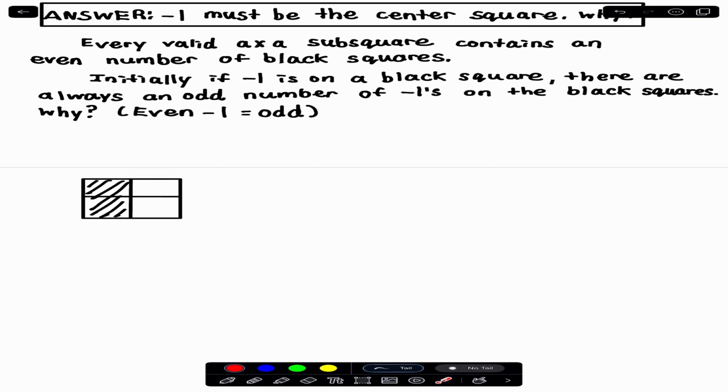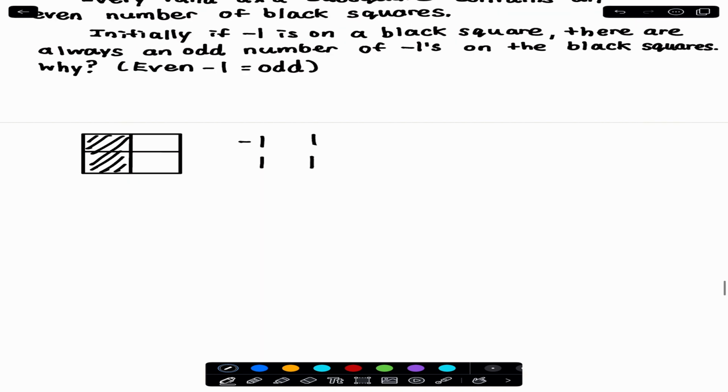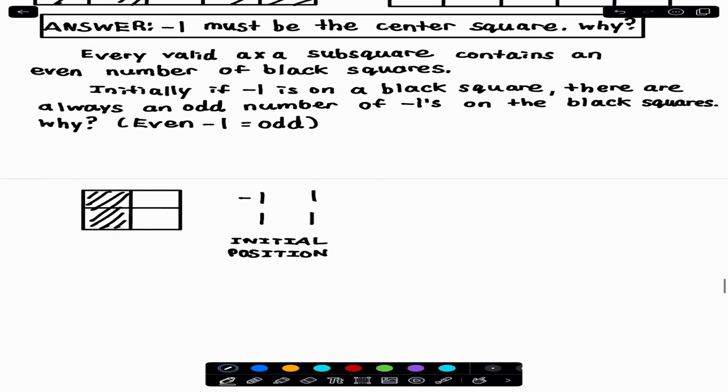Let's say we put our -1 initially here. So I'm just going to do a little bit of simplification. We're just going to do this. So this now represents the grid in its initial position. So let's be organized. Initial position. This is the initial position of the subsquare.